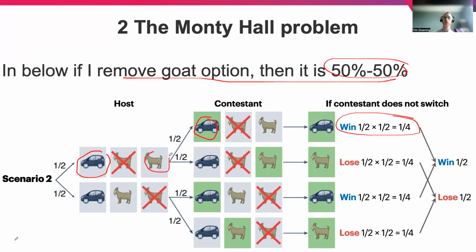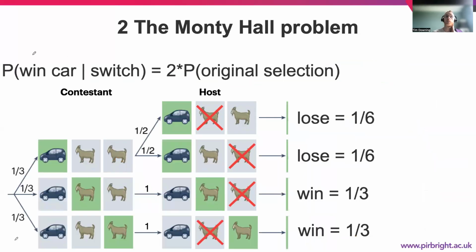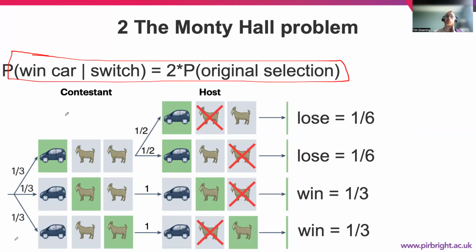So this diagram works through the probability of winning. We can see that the probability of winning the car if we switch is actually twice that of the original one: it becomes 2/3.